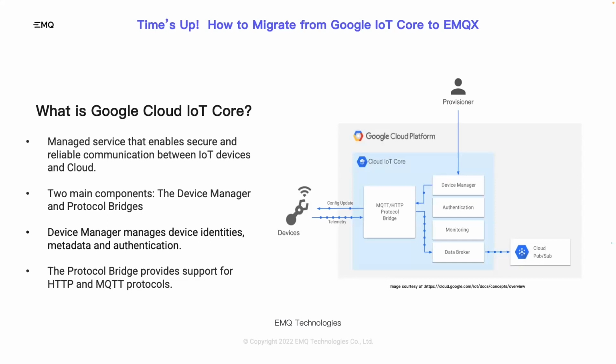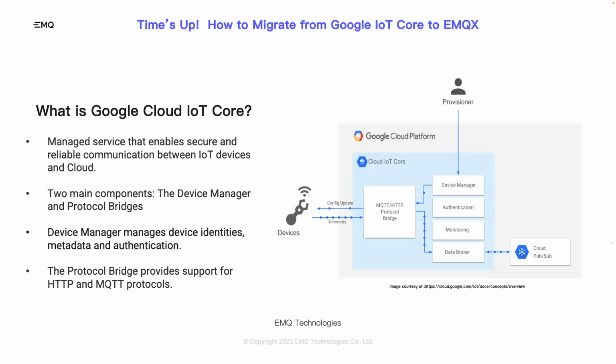It handles the device identities, the metadata, and makes sure that the device has secure communication and provisioning. Then we'll see the protocol bridge. The protocol bridge brings in the protocols for both HTTP and MQTT, enabling that device communication to send and receive between your devices and Google Cloud.